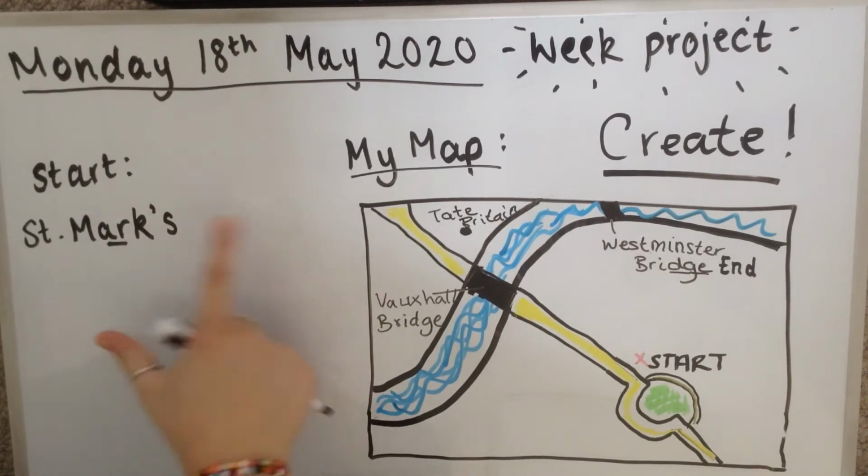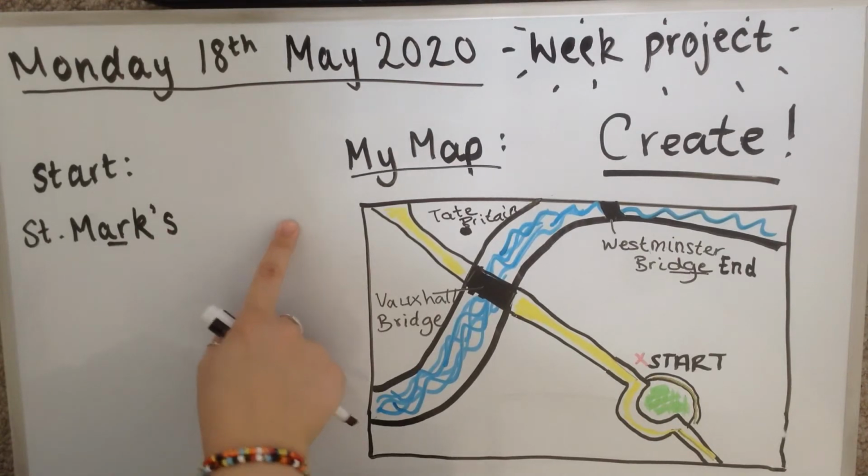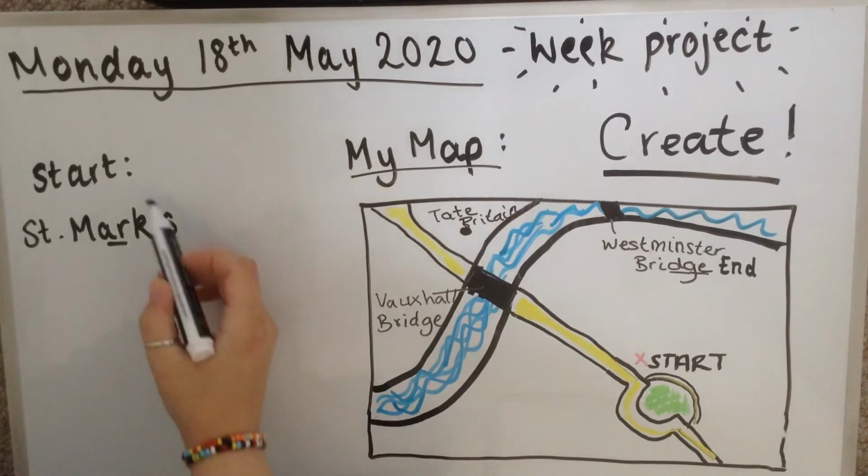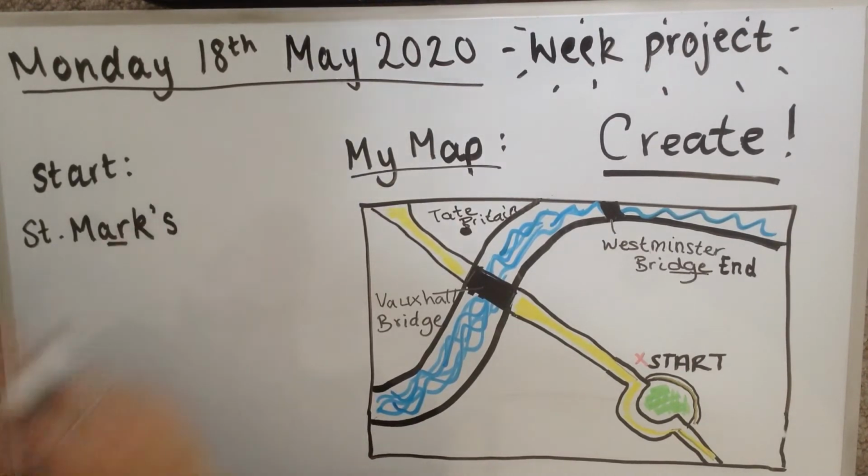So the primary school is St Mark's. St Mark's possesses the school, which is why we have this apostrophe. We don't need to worry too much about that. That is a very tricky thing to understand, and it's something you will learn as you go up into the school. But so you know, that is what we call an apostrophe.